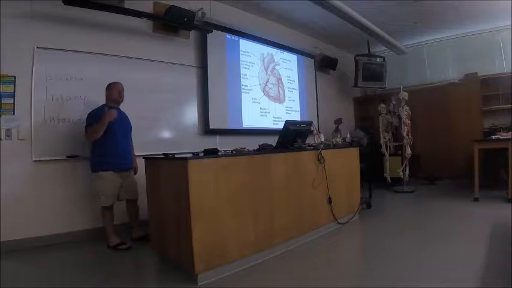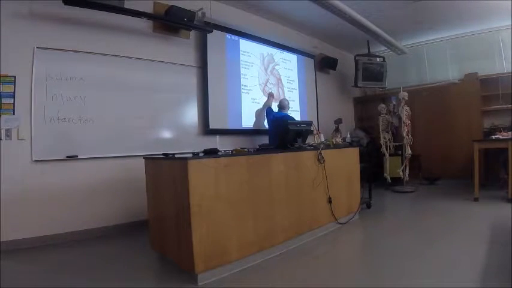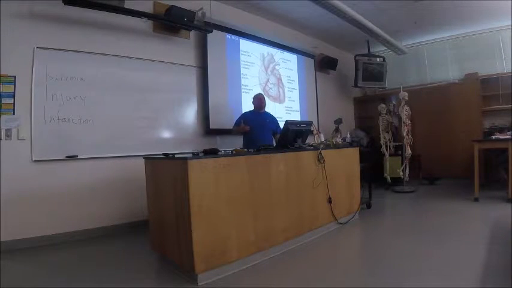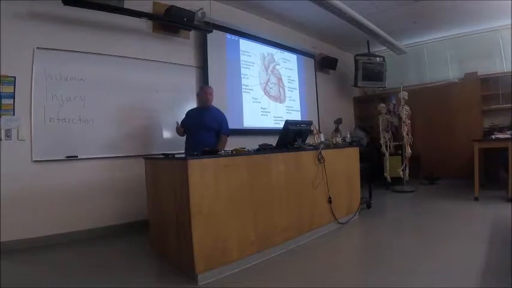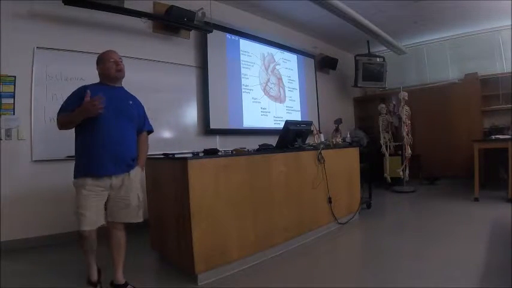One of the branches of the right coronary artery goes to the back, as you can see, and they're going to meet up. When two arteries come together like this, it's referred to as an anastomosis. And anastomosis provides what's referred to as collateral circulation.